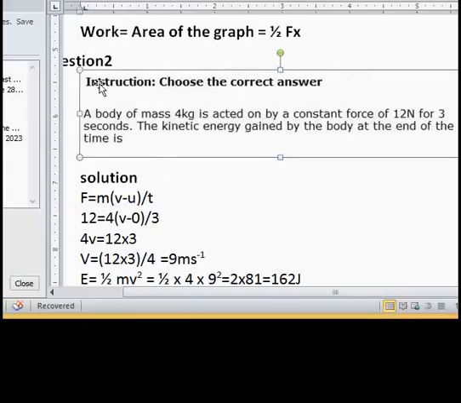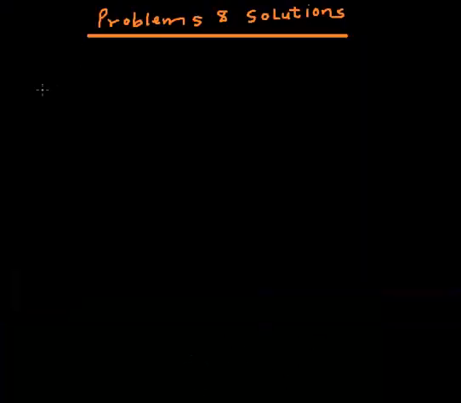All right, here the question is on the screen. It goes this way. A body of mass 4 kg is acted on by a constant force of 12 Newton for 3 seconds. So I read the parameters.